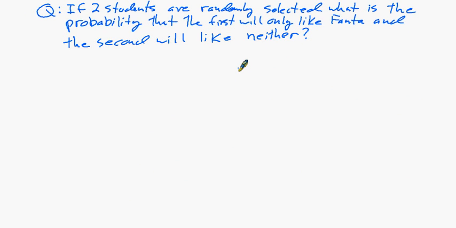So here's a compound event kind of question. If two students are randomly selected, what's the probability that the first will only like Fanta and the second will like neither? All right, so it's a compound event. We have two students being randomly selected. It's a joint variable because there is a possibility that some students might like both Fanta and Sprite. So we have to be a little bit careful about all of our probabilities.